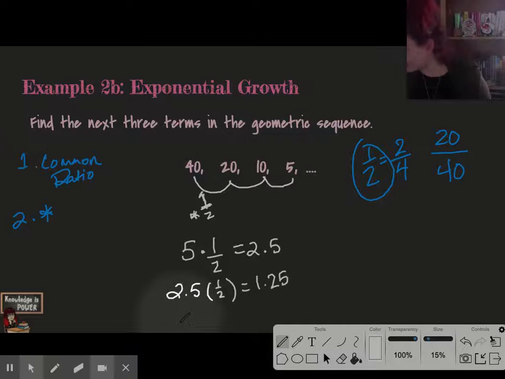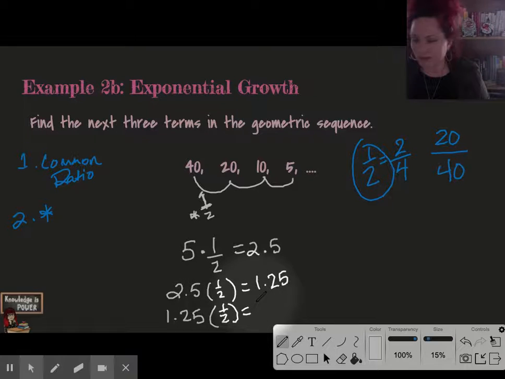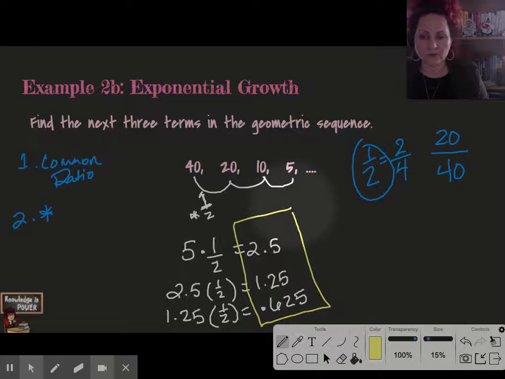And then finally, what's half of, well, it stops working with money here, I guess. What's half of 1.25? According to my calculator, we're looking at 0.625 right there. And so those are our next 3 terms in our geometric sequence.